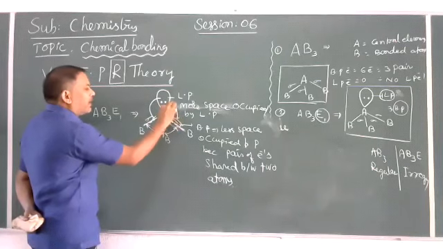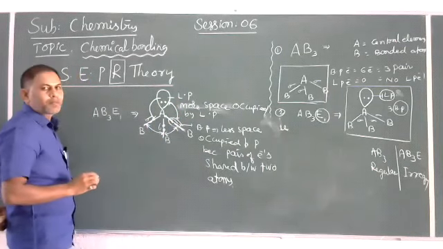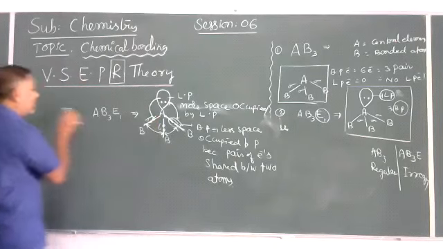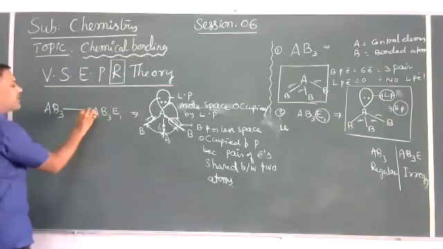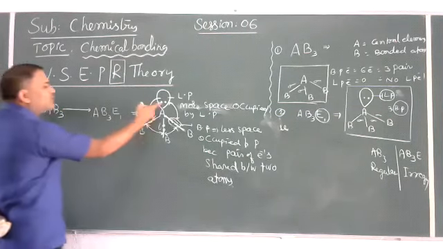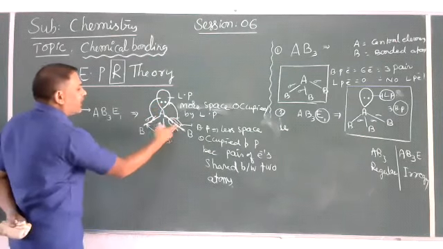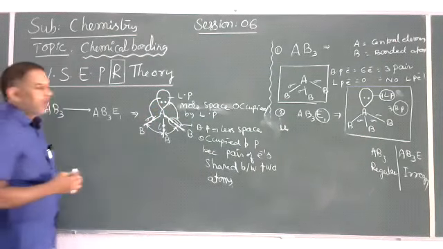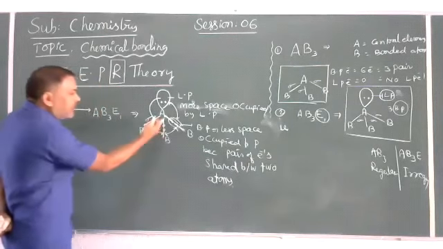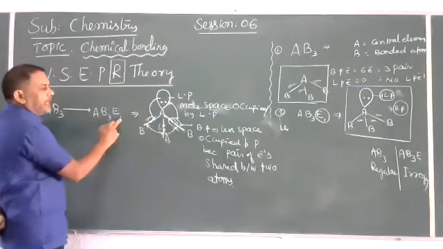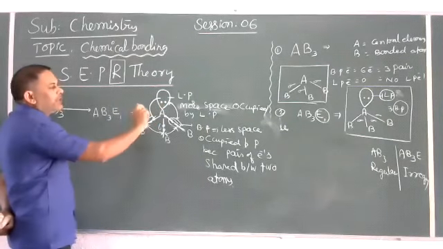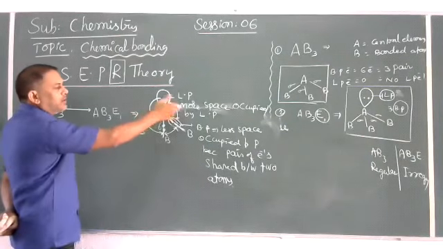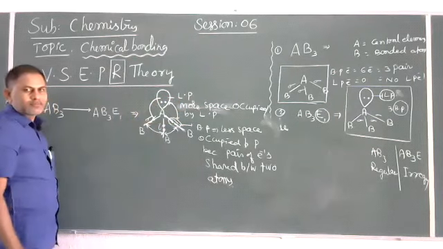Regularly, the AB3 molecule has a regular order. This regular order changes to an irregular order due to the presence of a lone pair of electrons. So in this irregular AB3E type, due to the presence of one lone pair, its shape changes from a regular order to an irregular order.